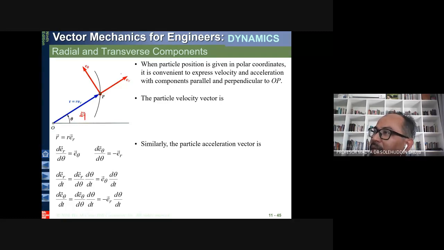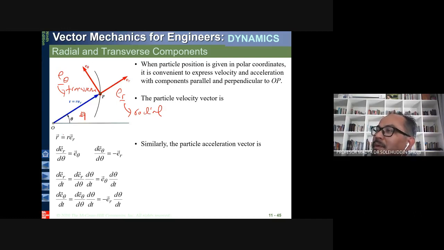So you have the unit radial, which is along this line, and perpendicular to this unit radial we have what we call the unit transverse.